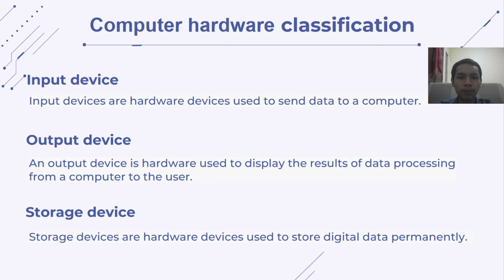Digital data can be text, images, videos, audio, or various other file types. Storage devices allow us to store and access data anytime and anywhere. Types of storage devices include hard drive, flash drive, memory card, and others.